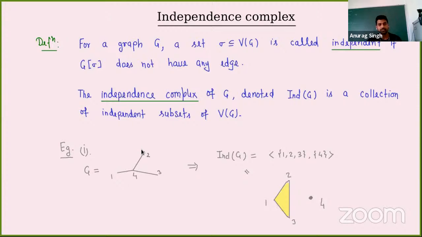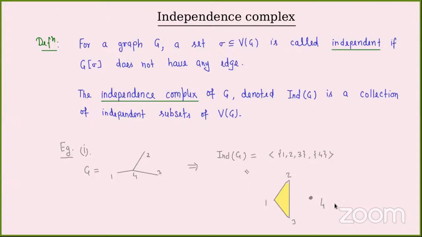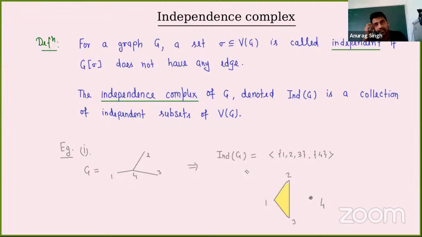Let's see this by an example again. What are the independent subsets of it? 1, 2, 3 is a maximal independent subset because when you add 4, this graph becomes connected. So 1, 2, 3 is one which is maximal and vertex 4 is one which is maximal. So the independence complex is a complex whose facets are these independent sets, and whose faces are the independent sets.